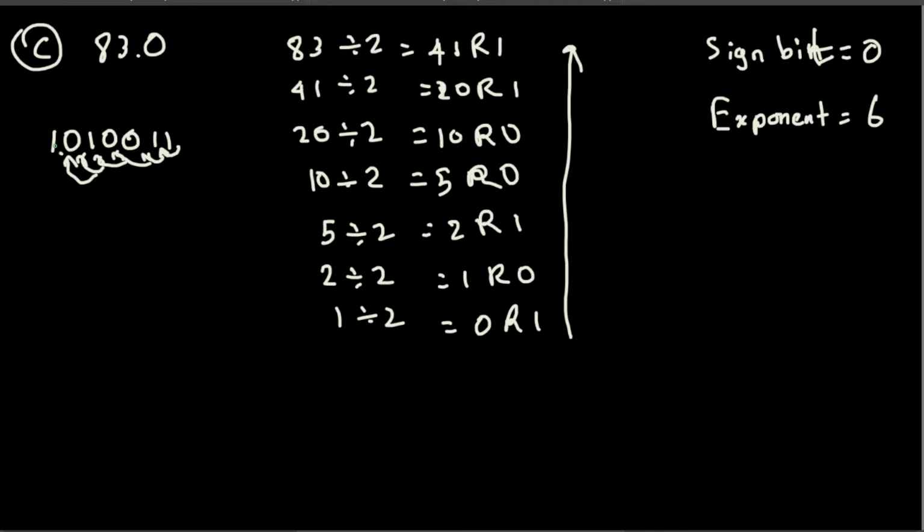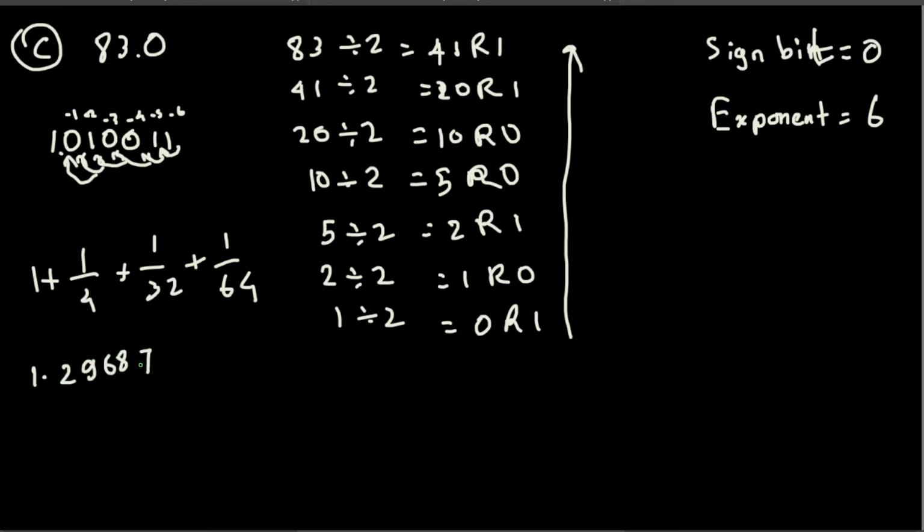And then if I convert this one into binary, that's going to be 1 plus, and for short form I put minus 2, 5, 6. So for 2 power minus 2 we have 1 here, so that's 1 over 4, and also 2 power minus 5 we have 1, that's 1 over 32, and 2 power minus 6 also we have 1, that's 1 over 64, and if you add them together, that's 1.296875.